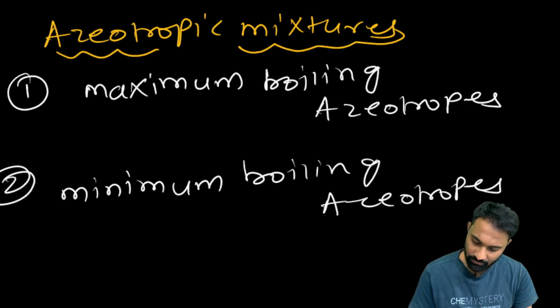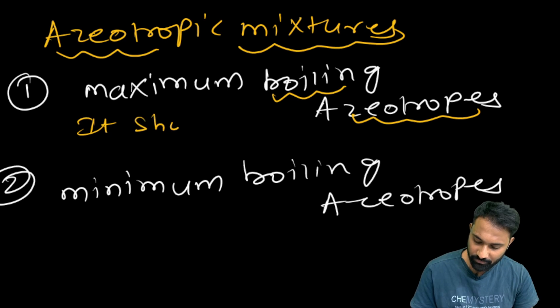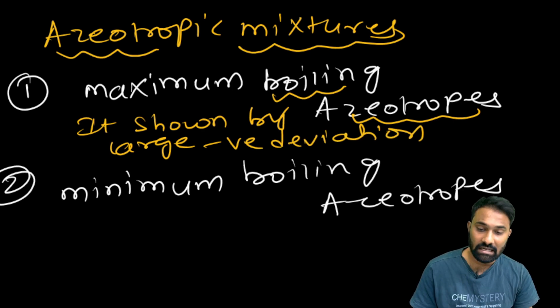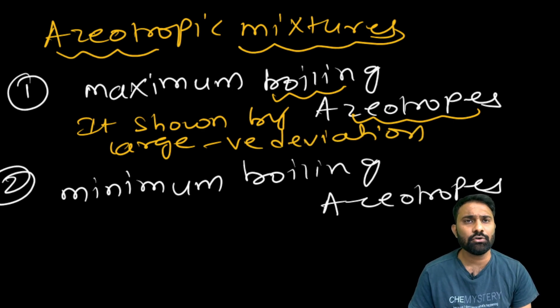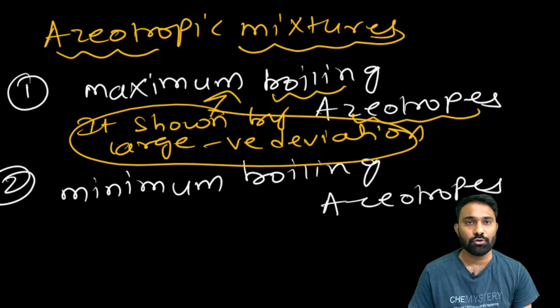Here the maximum boiling azeotropes are shown by large negative deviation. The liquids which show large negative deviation will show the maximum boiling azeotrope.